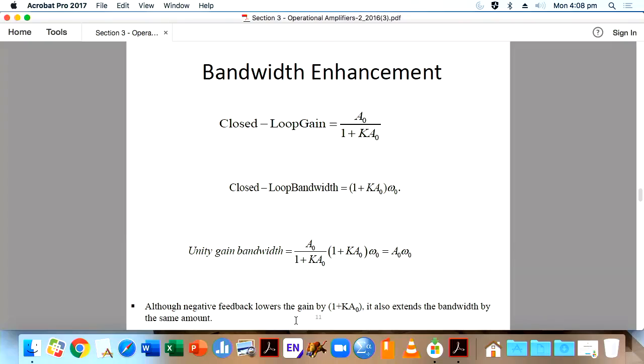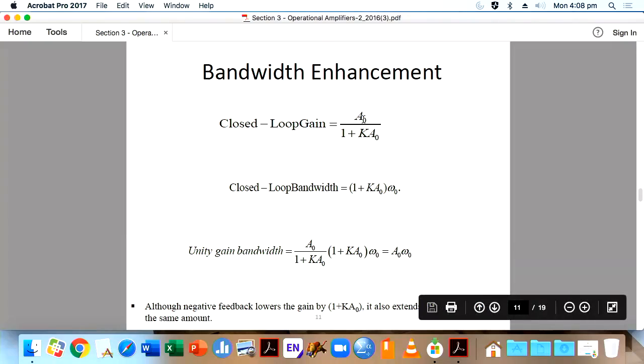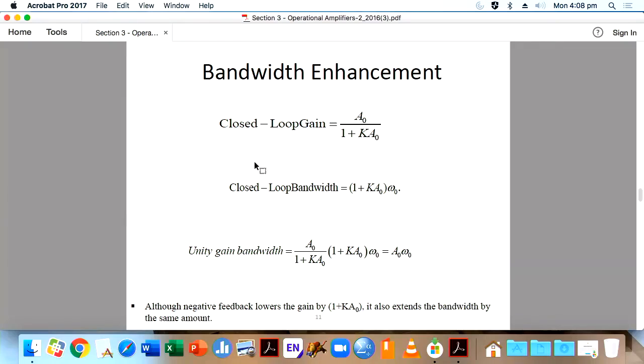So these expressions: closed loop gain is equal to A0 by 1 plus k into A0. So with feedback, you are reducing the gain from A0 to A0 by 1 plus k into A0. So this is the gain you reduced by 1 plus k into A0. But your bandwidth, you increase it from omega 0, very small, to 1 plus k into A0 into omega 0.